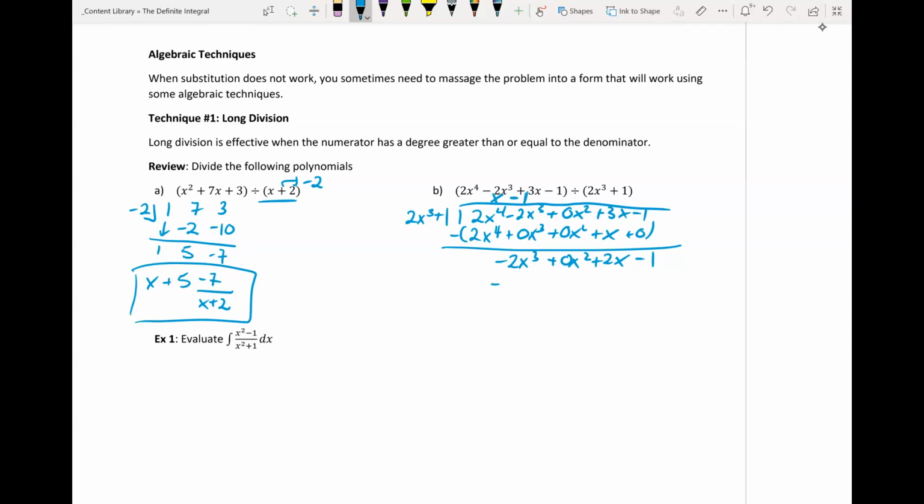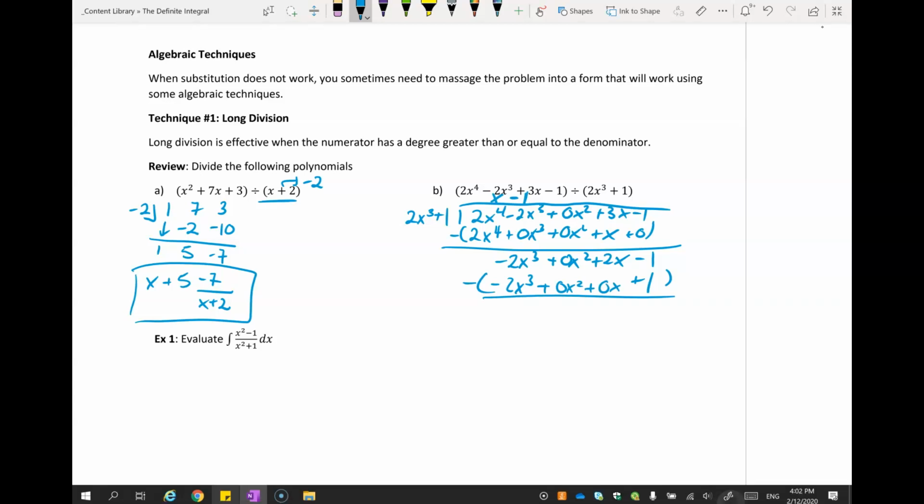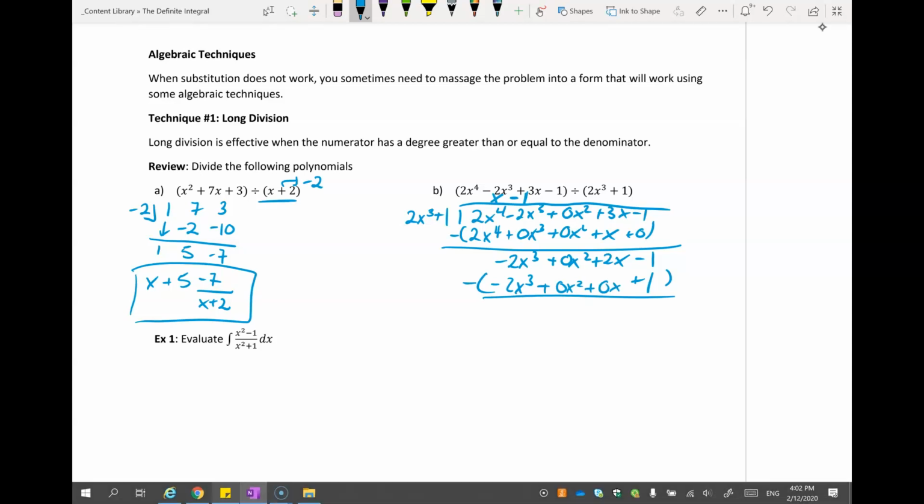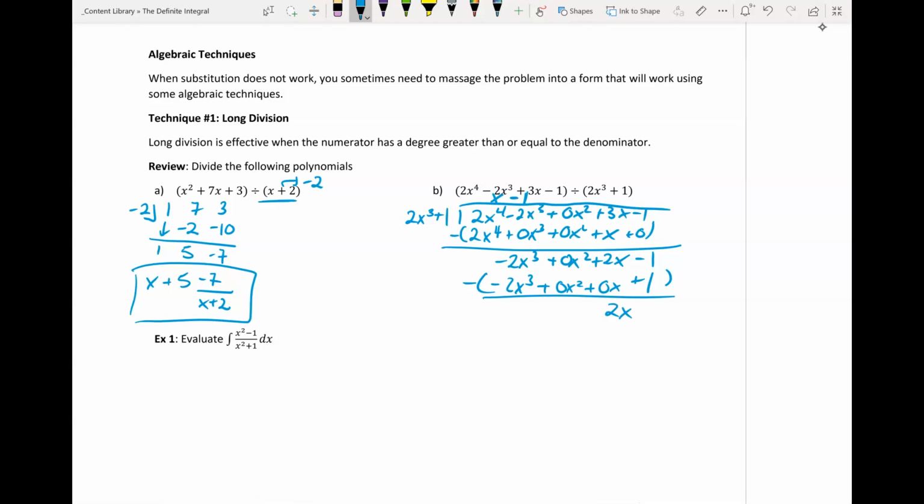So now I'm going to have -2x cubed plus 1, and I'll put my placeholders in between. Now I'll subtract everything to find what's left over, and we're going to be left with just 2x. So that is our remainder. So our final answer from up here is x minus 1 plus 2x over our divisor. That is our final answer.